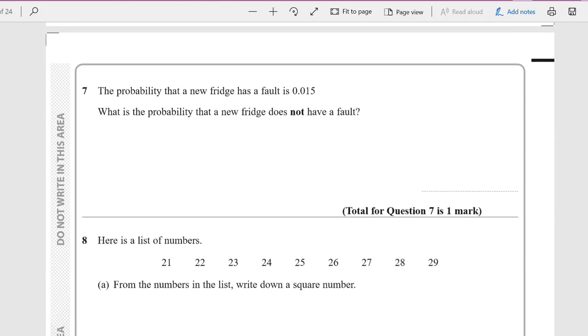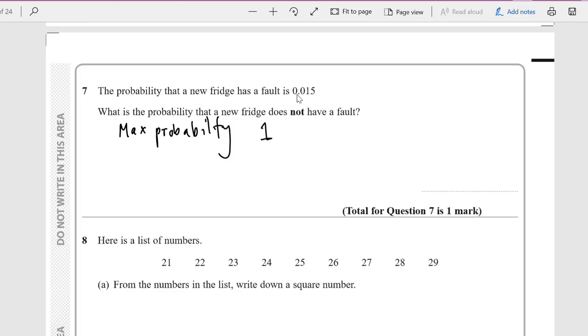Question 7. It says the probability that a new fridge has a fault is 0.01. What is the probability that a new fridge does not have a fault? So the max probability you can get is 1.